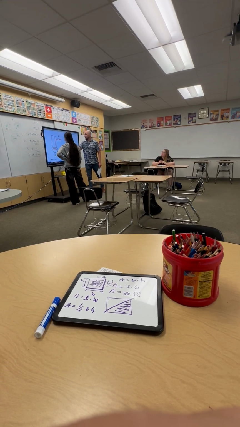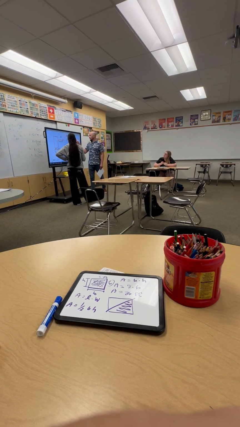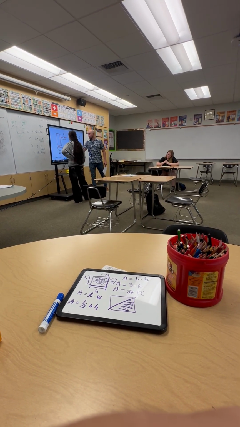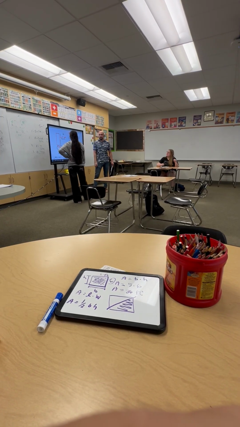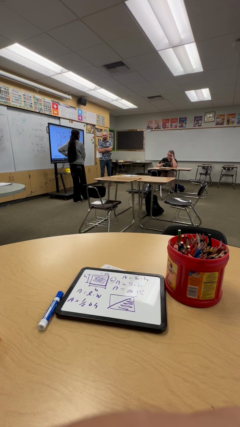3.7 times 10.5. Okay, good. And so, what is the area? 3.7 times 10.5.